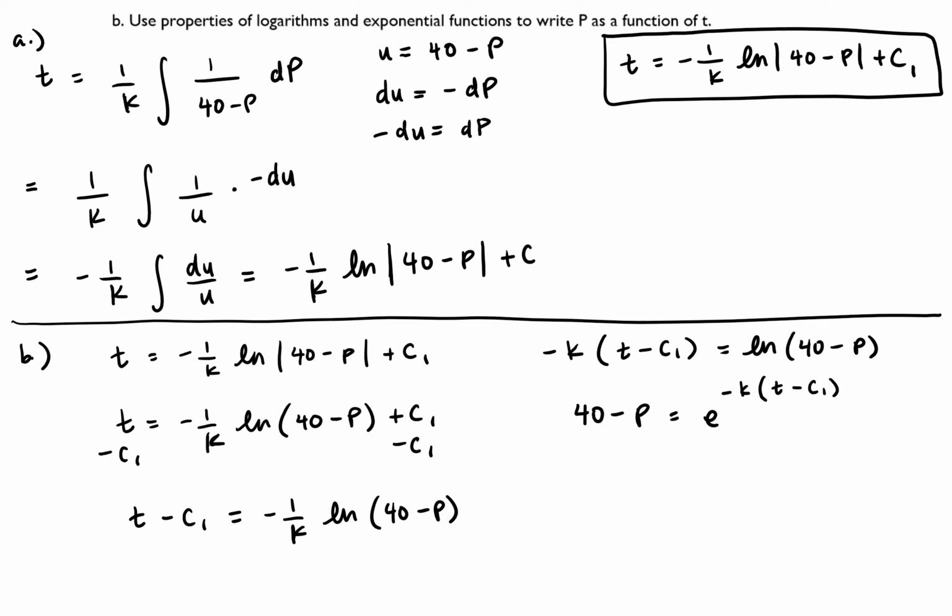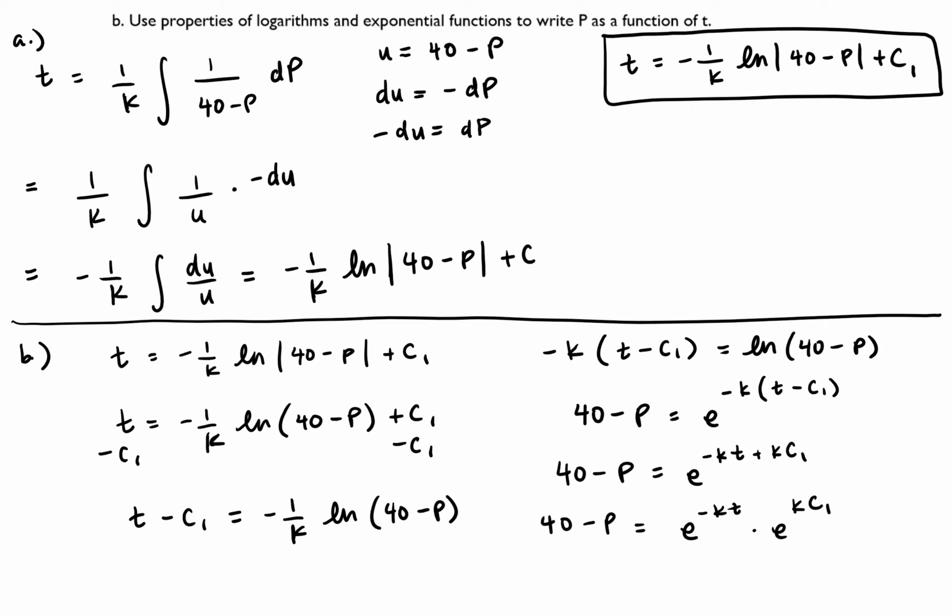I'm going to distribute the negative k into the exponent. So we get 40 minus p is equal to e to the negative k t plus k times c1. And then using properties of exponents, we can rewrite this as e to the negative k t times e to the k times c1, like that.